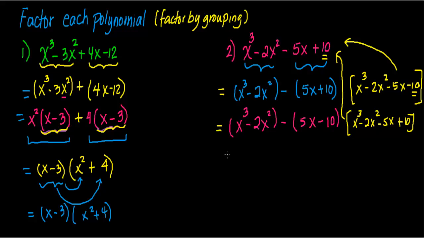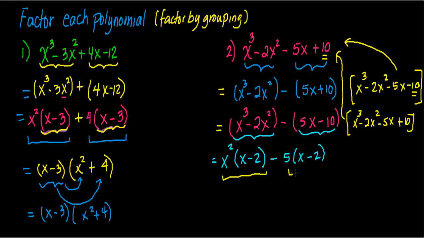Now we can continue factoring. Let's take the first group and factor it. And what they have in common is an x squared term times x minus 2, minus, minus. And for this second term, what they have in common is a 5 times x minus 2. Okay? And now notice that your first and your second terms have something in common.